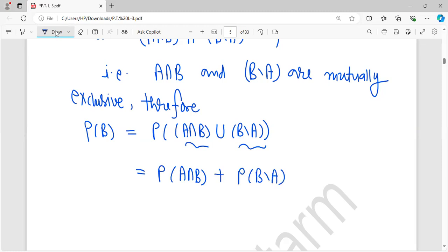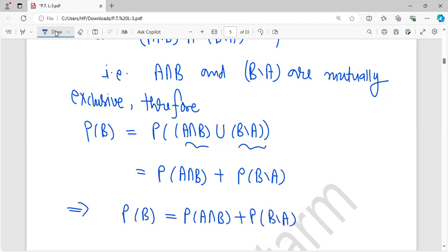So this implies probability of B is equal to probability of A intersection B plus probability of B minus A. Okay, set minus.